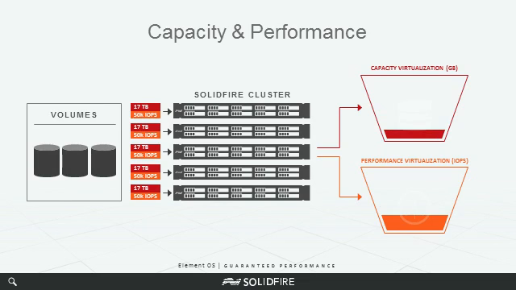The idea is that we can take 2 resources, that being capacity and performance, that have traditionally been tied together, right? In a traditional spinning array, every spindle has a certain amount of IOPS. And whatever the capacity of that spindle is, it is inextricably tied to the IOPS that's in there.